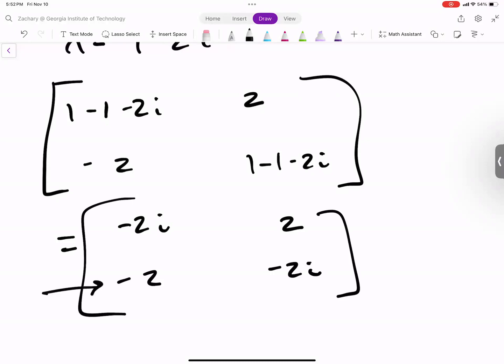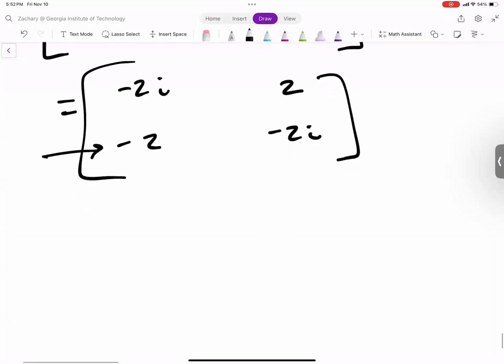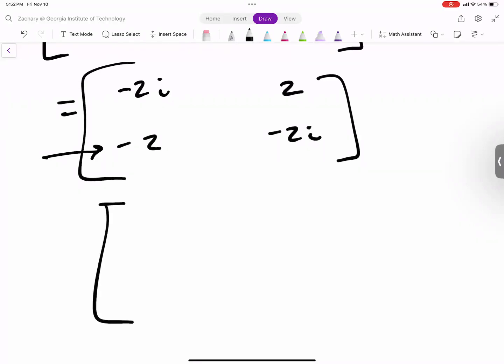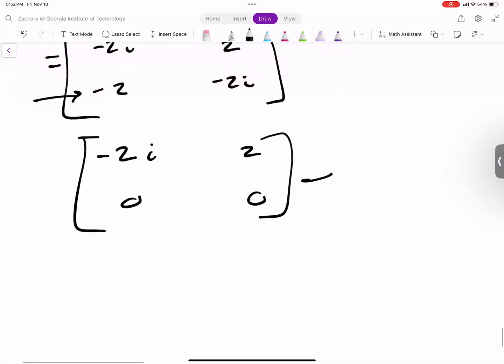You can multiply this bottom row by i, and then they're similar, and then you can combine them. But we also know that this is A minus lambda I, so it's going to have a 0 row when we reduce. So we're going to skip the steps: 2i, 2, 0, 0. And the eigenvector will always be the flipped numbers, 2, negative 2i, and we flip the sign of one of them. So that's how we got our eigenvector.